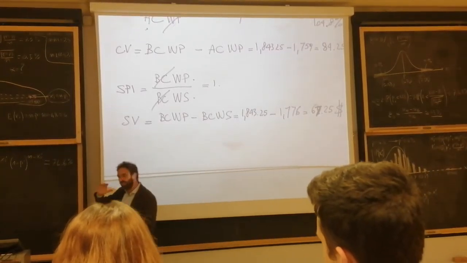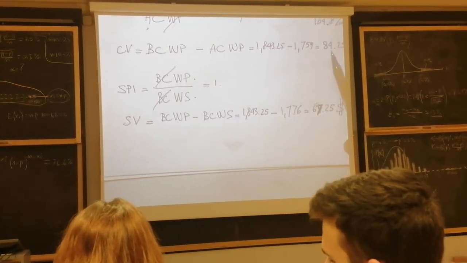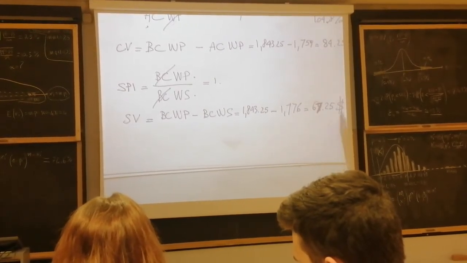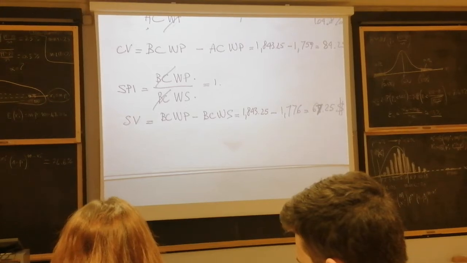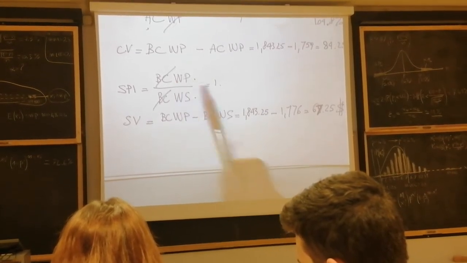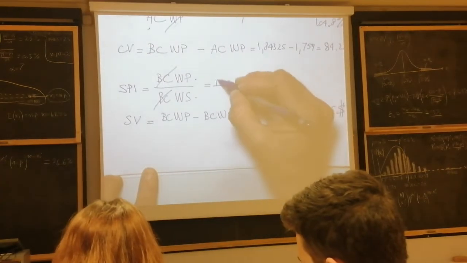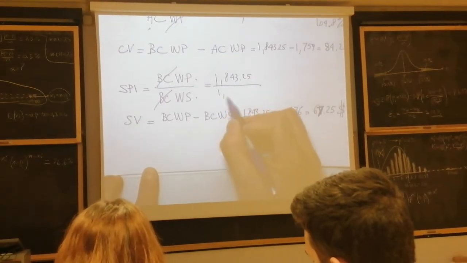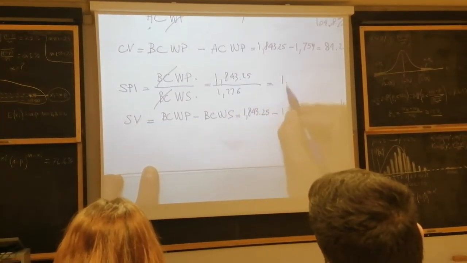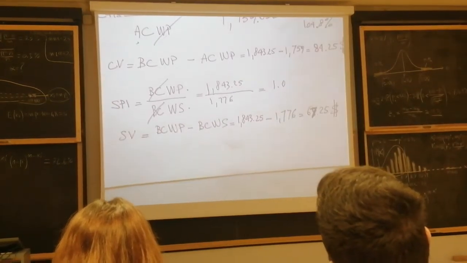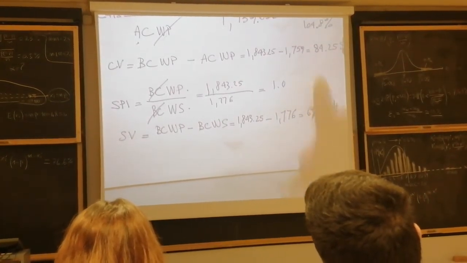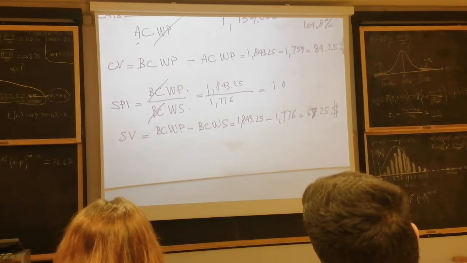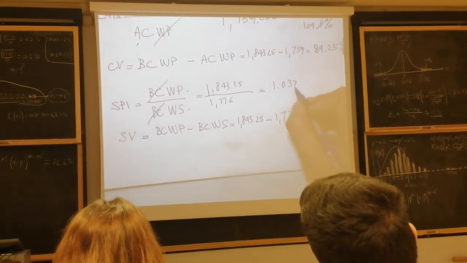I know we are saving because it's positive. Cost variance positive means saving. Here too, savings are positive. The ratio is greater than 1, and the money value of time is positive. In fact, it's 1,843.25 over 1,776, which equals 1.03 something, 1.037838.